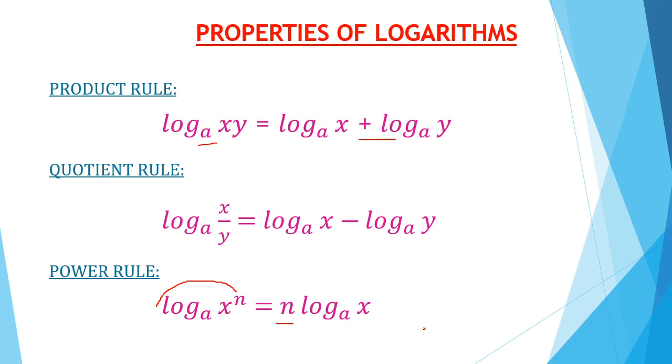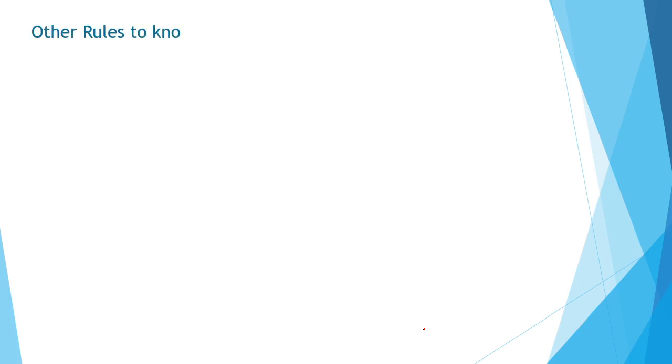I hope you understand. And then coming to other rules to know. We have another rule. The first one is logarithm of x to the power m to the base y to the power n. The answer is, see here, m comes here as a quotient, and n also comes as a quotient, meaning 1 by n.